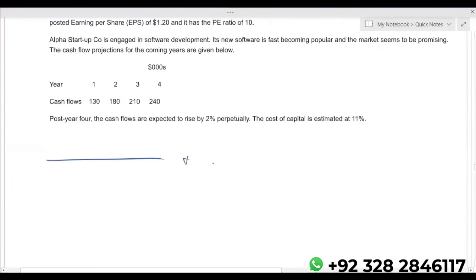The examiner will give you the cash flows, plus after maybe 2, 3, 4 years, the growth rate. I need to calculate the present value of discounted cash flows till infinity. The sum of the present value of the cash flows till infinity is your business value.